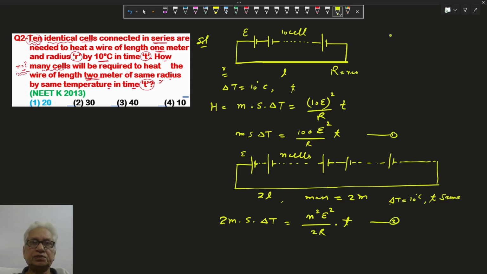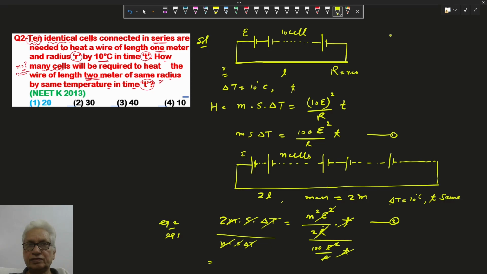Now, dividing equation 2 by equation 1, m s delta T cancels out, and R and t cancel out.